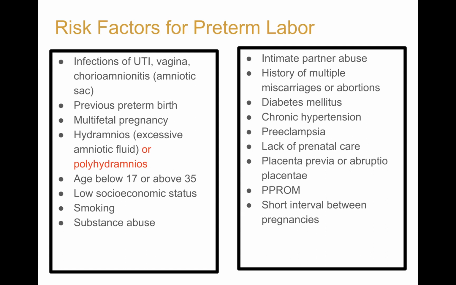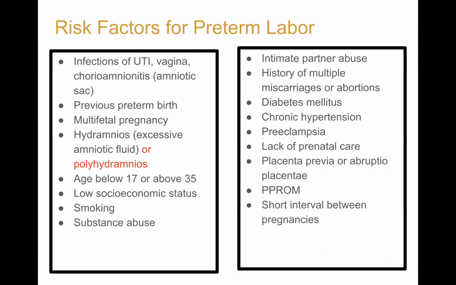Remember the term for that? Polyhydramnios. The age, socioeconomic status. Intimate partner violence increases the risk for preterm labor. History of multiple miscarriages or abortions. And then chronic conditions such as diabetes and hypertension.